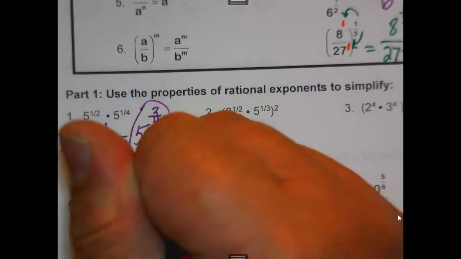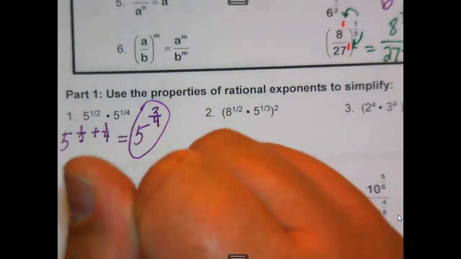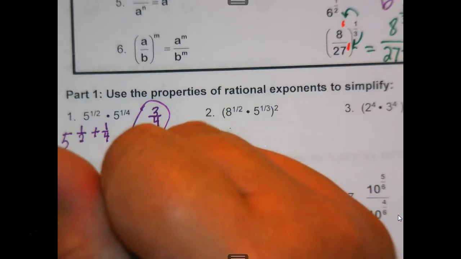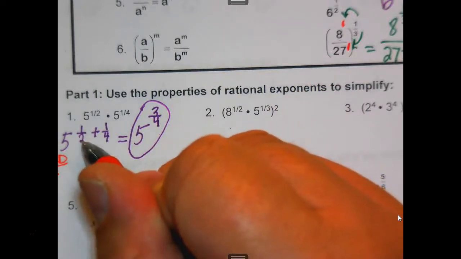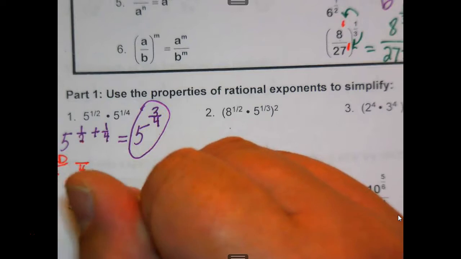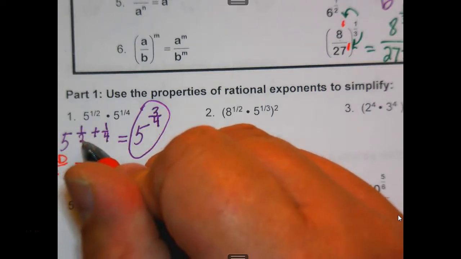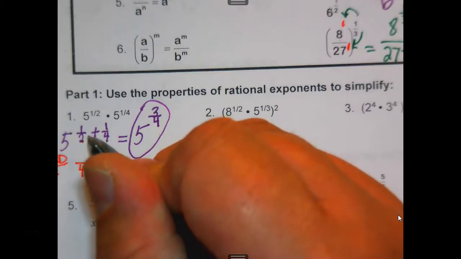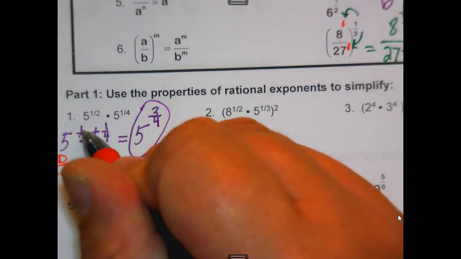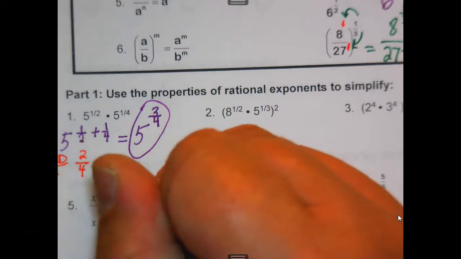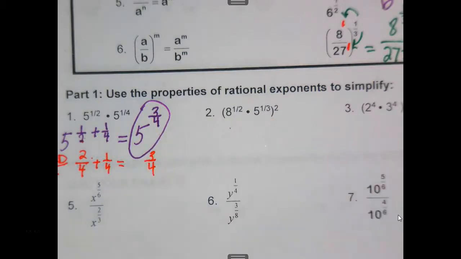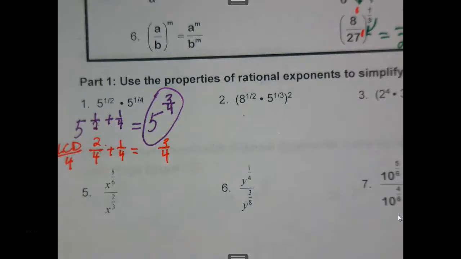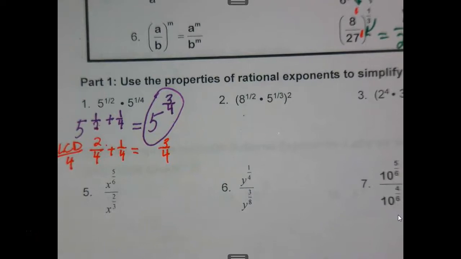If you're adding fractions, you have to come up with a common denominator. What's my least common denominator here? 4. To make that 2 a 4, what did I do? Multiplied it by 2. Okay, 2 times 2 is 4, so I have to multiply the 1 times 2. Plus 1/4. 2 plus 1 is 3. My 4 stays the same. Do you remember from 3rd grade?